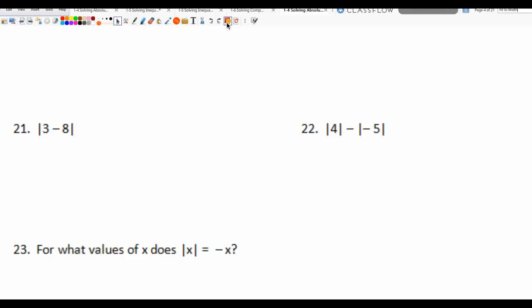And that number is, what do you think? Anybody know? Sophia? Not 1. What do you think? 0. The absolute value of 0 is 0, and negative 0 is 0. So there is only one value of x that holds true.